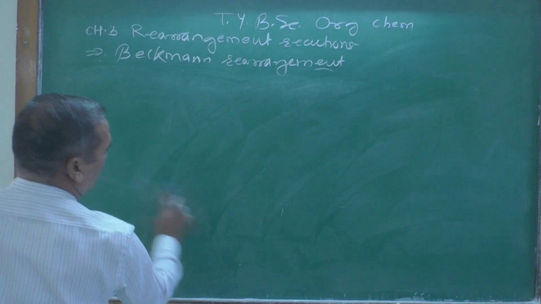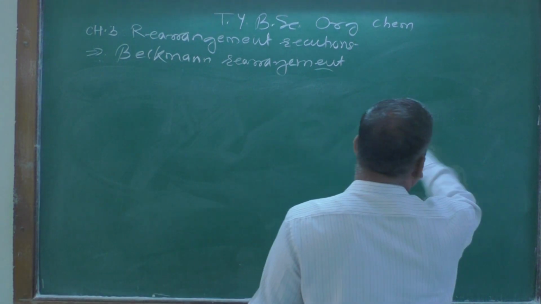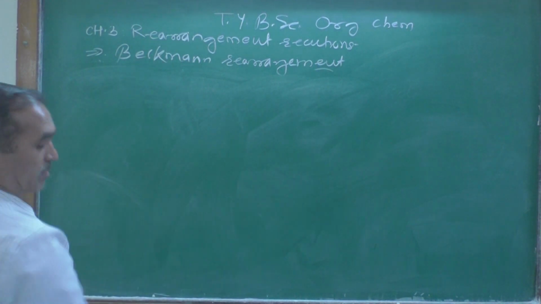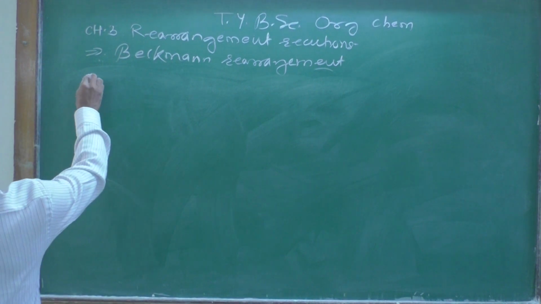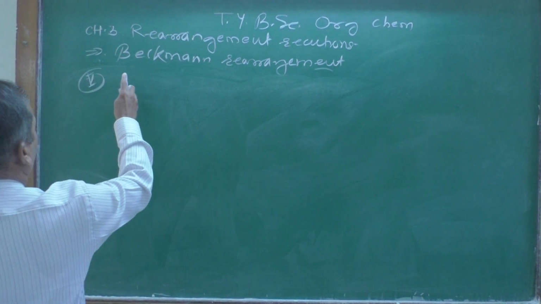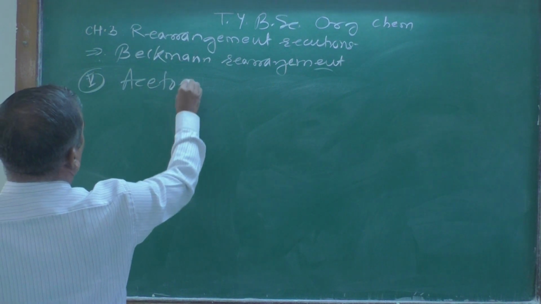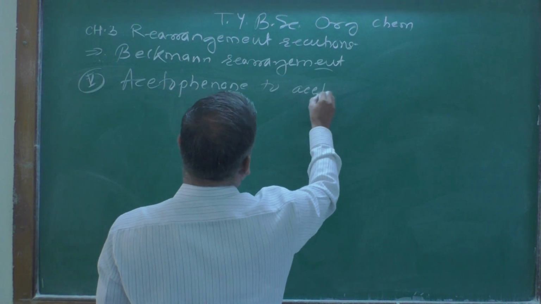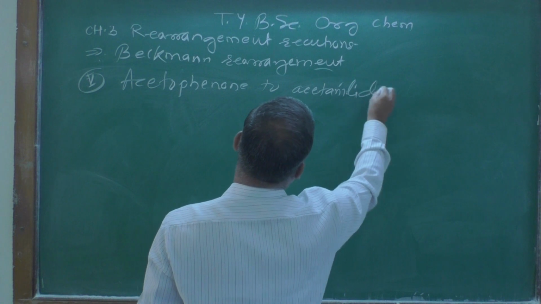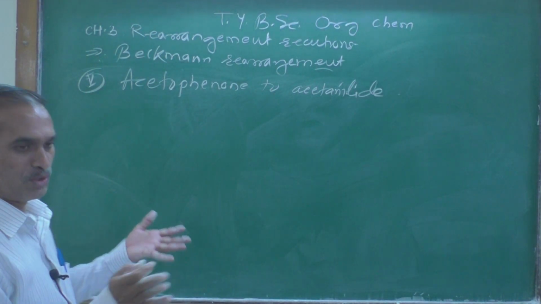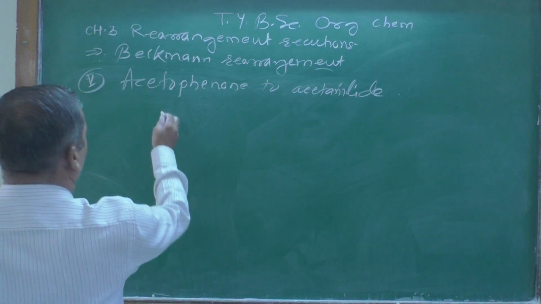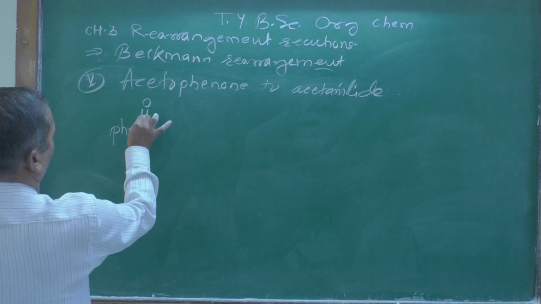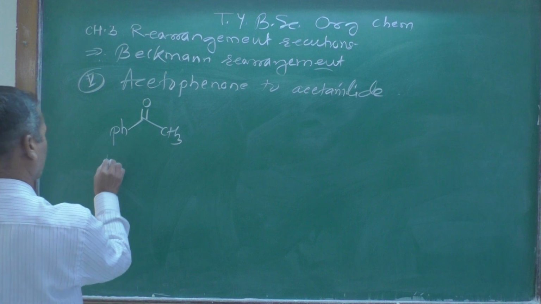Example number 5, acetophenone to acetanilide, right? Everybody knows the structure of acetophenone: pH, C double bond O and this CH3. This is the structure of acetophenone.